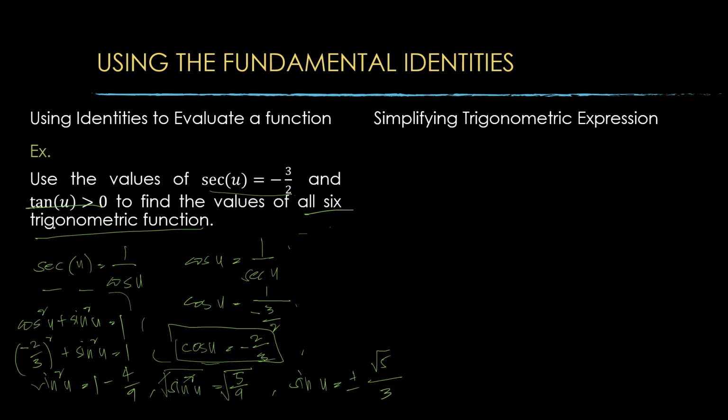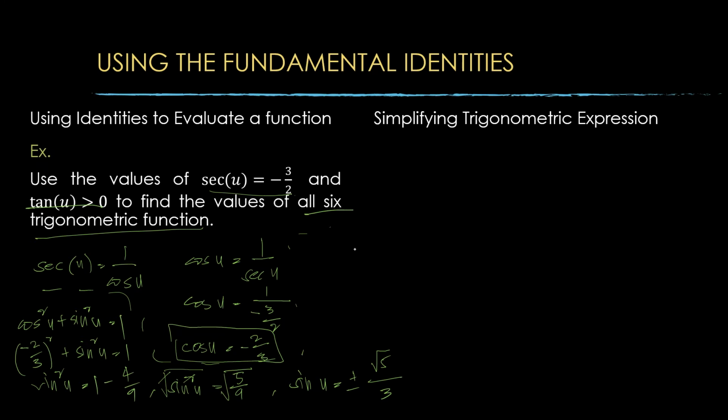But take note, it says here that your tangent should be greater than 0. That should be positive. What value of our sine should we consider in order for our tangent to be positive? Take note, the value of our cosine is negative. For our tangent to become positive, we need another negative.